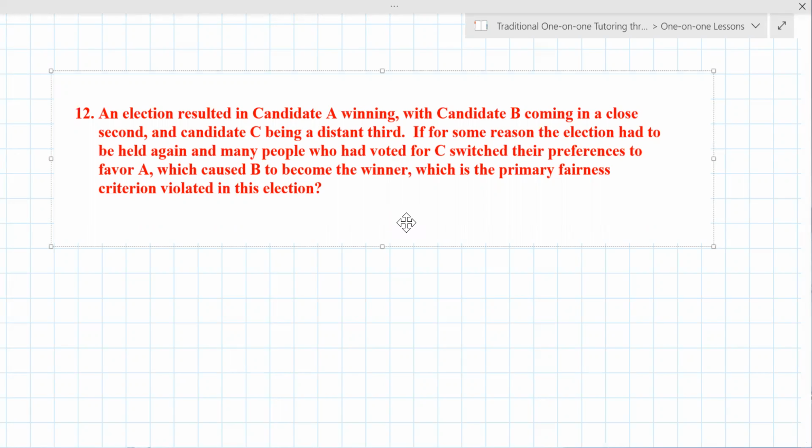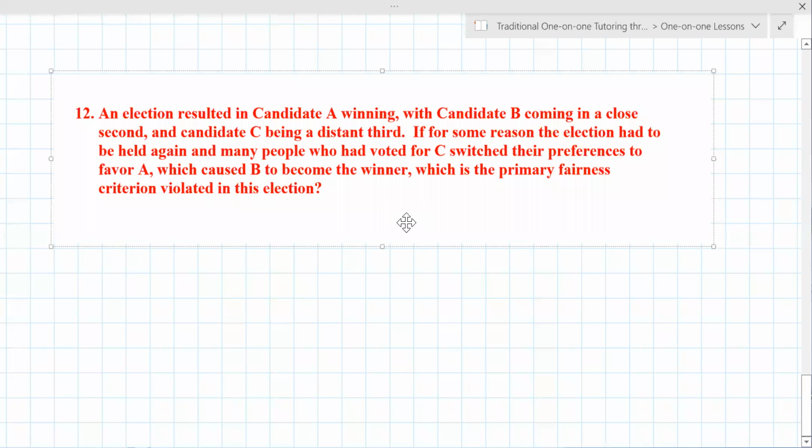So it sounds very much the same as what we just saw. But this time they're saying that if for some reason the election were held again and many people who had voted for C switched to A, the people who switched to A went to A, B now is the winner, which is weird. You would think it would go to the one that they switched their vote to.